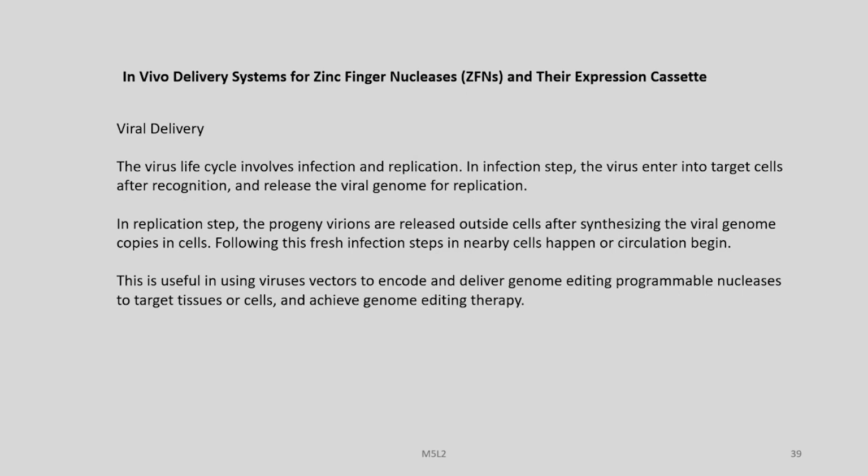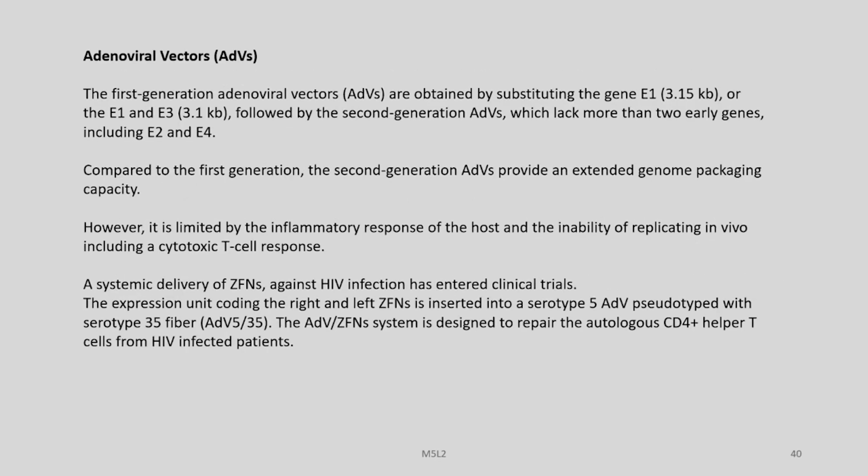In the replication step, the progeny are released outside cells after synthesizing the viral genome copies inside cells. Following these, fresh infection steps in nearby cells happen or circulation begins. This is useful in using virus vectors to encode and deliver genome editing programmable nucleases to target tissues or cells and achieve genome editing therapy.